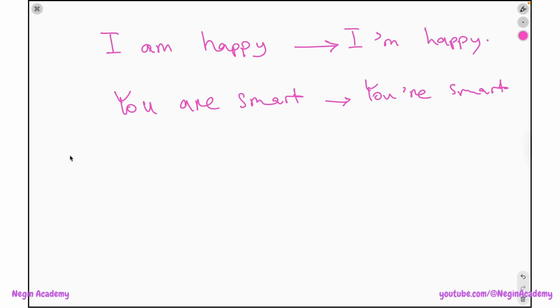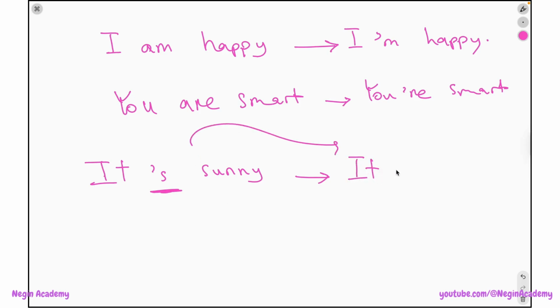Next one, let me write it in the contracted form, and you are in charge of changing it to the full form. For example, imagine that we have an example which is it's sunny. This is the contracted form. Am I right? How should we change it to the full form?